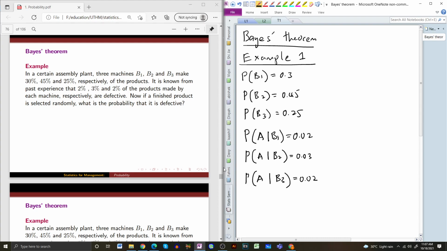Now if a finished product is selected randomly, what is the probability that it is defective? We want to find the probability of defective.